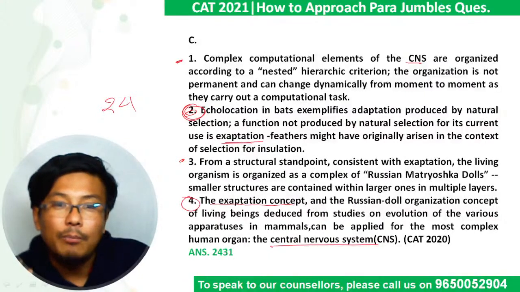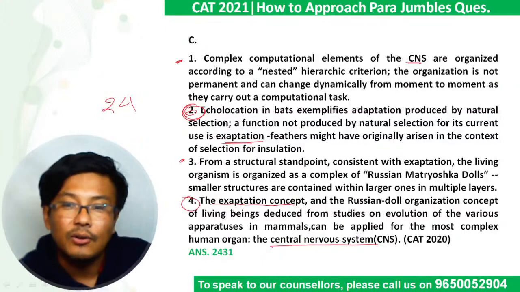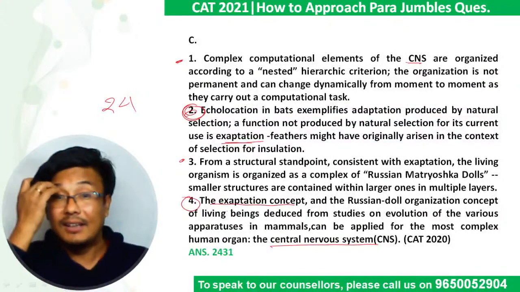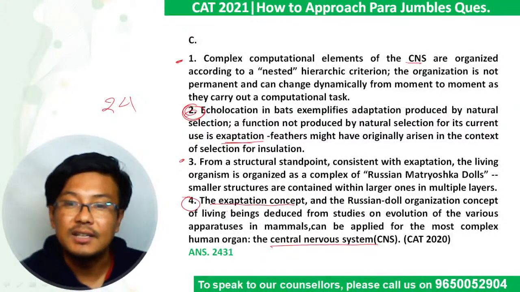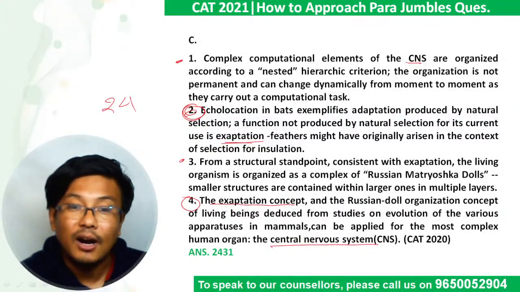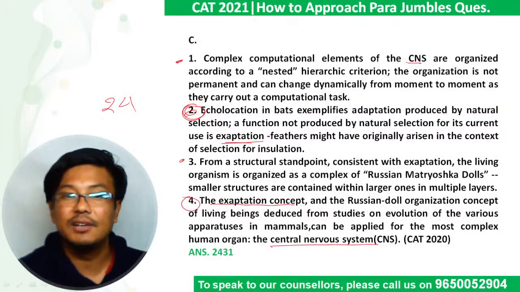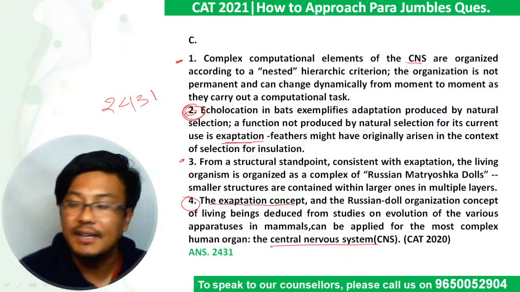Now, the problem with this is, if I write 1 right after 4, from a structural point of view, in sentence 3 what we are actually speaking about is how this concept of exaptation, consistent with this, actually happens in living organisms. So 3 should come here and 1 should come in the end.